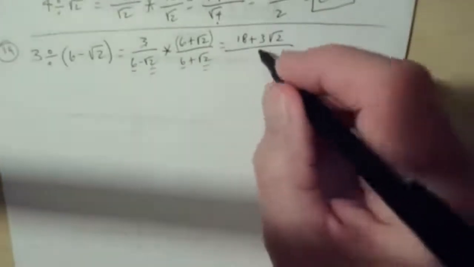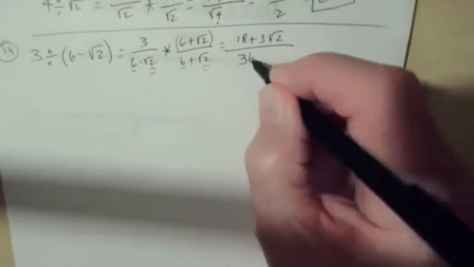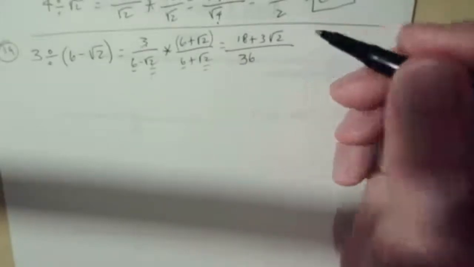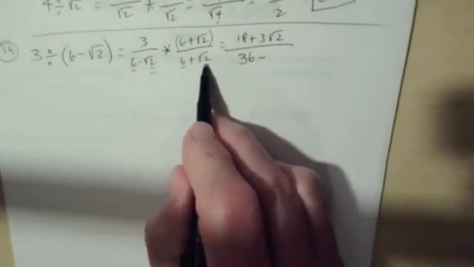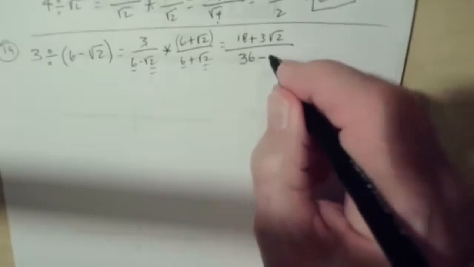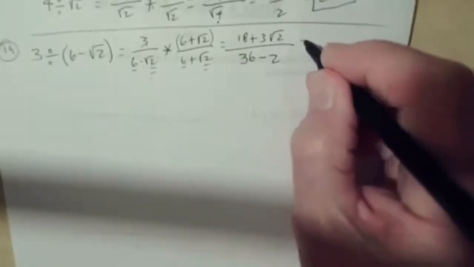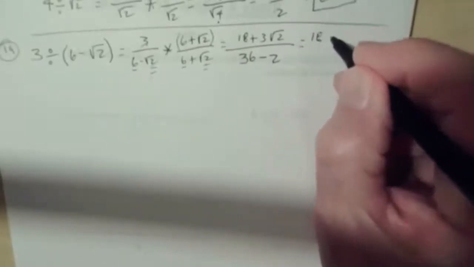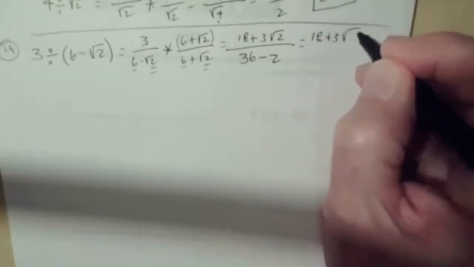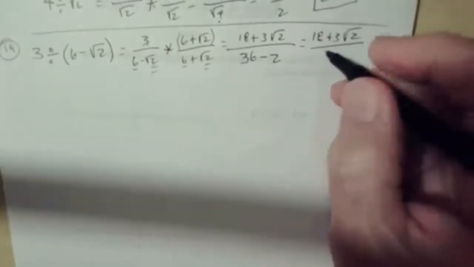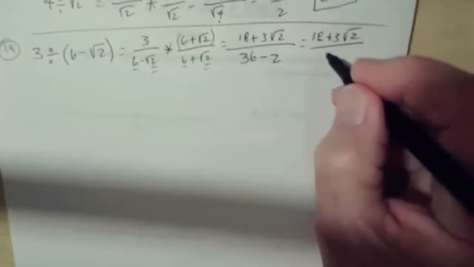So what do we have? 36 minus, square root 2 times square root 2 is the square root of 4, and the square root of 4 is 2. So this equals 18 plus 3 square root 2 over 34.